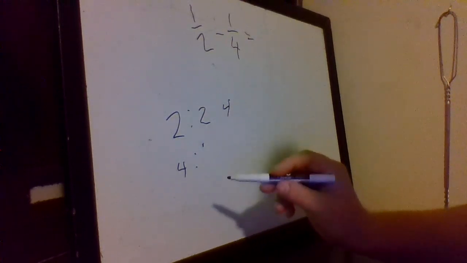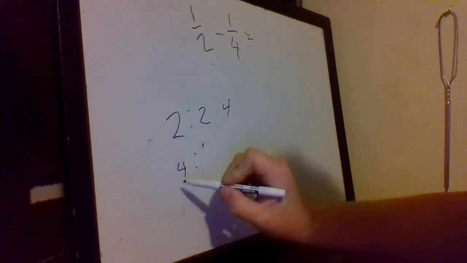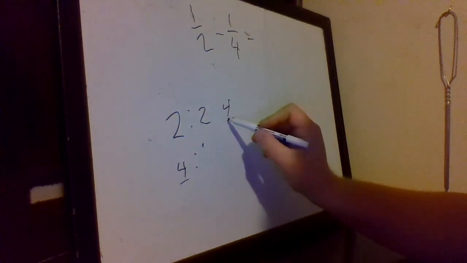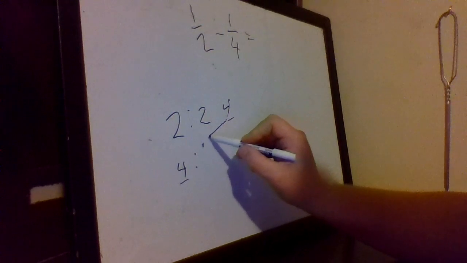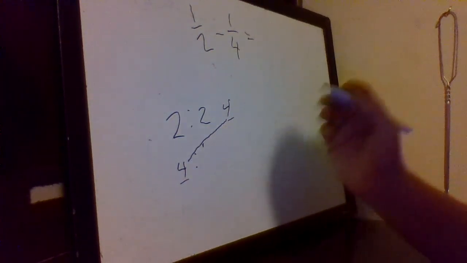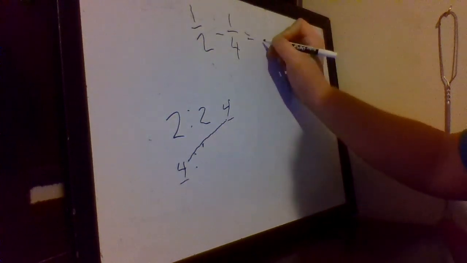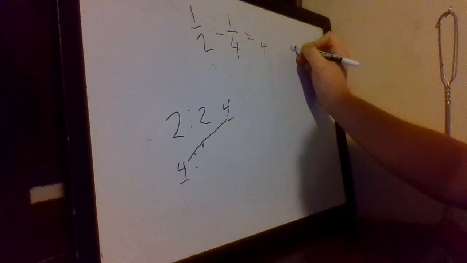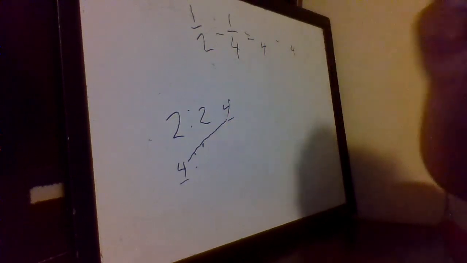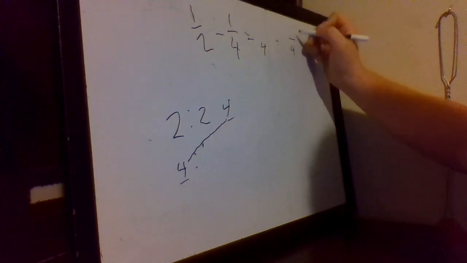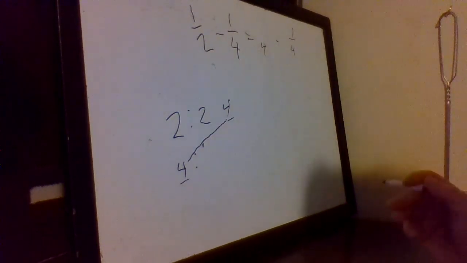So there's really no need to go any further because we already have the least common multiple. It's going to be the first number that you get to that's the same as the number on the bottom. So the least common multiple is 4. So we're going to put 4 on the bottom of both of these fractions. And let's go ahead and just bring over 1/4 because that stayed the same.